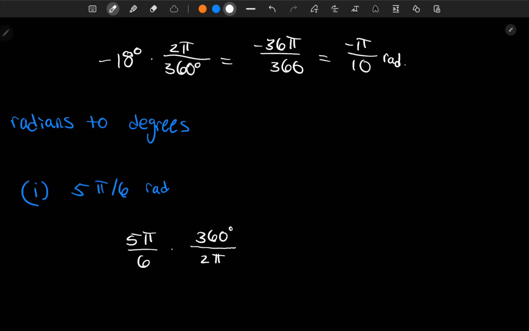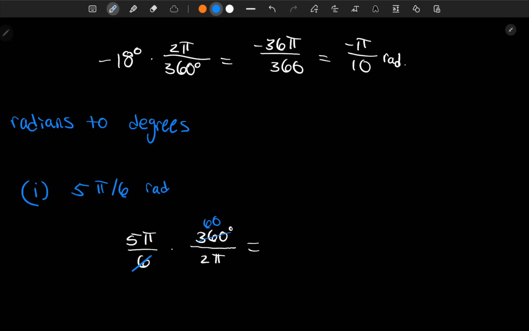Then we simplify. Well, the 6 in the denominator here can be canceled with this 36 here, which is really equal to 6 times 6. So 360 divided by 6 is equal to 60. So this is 60 now.